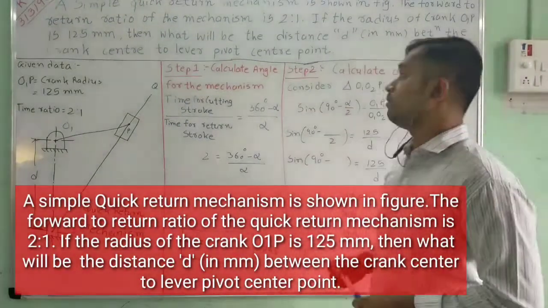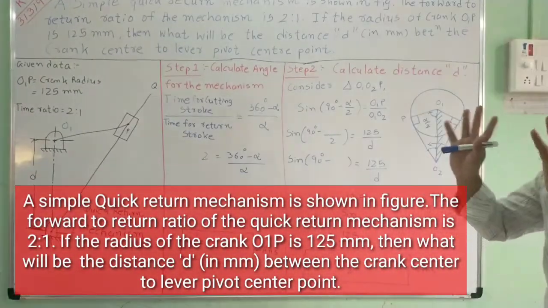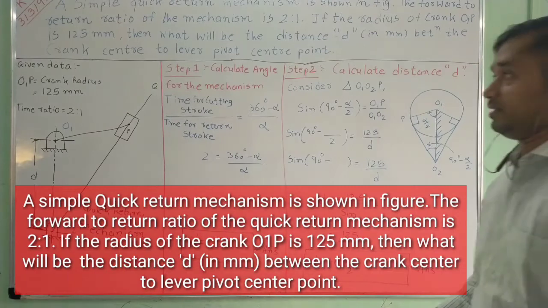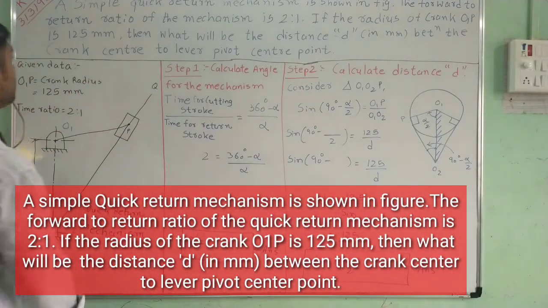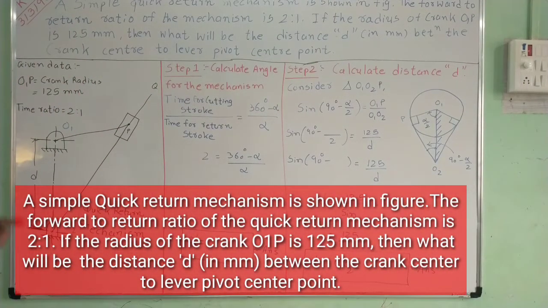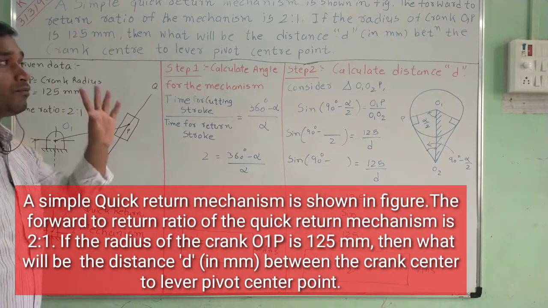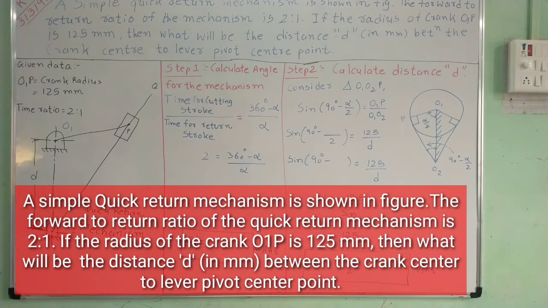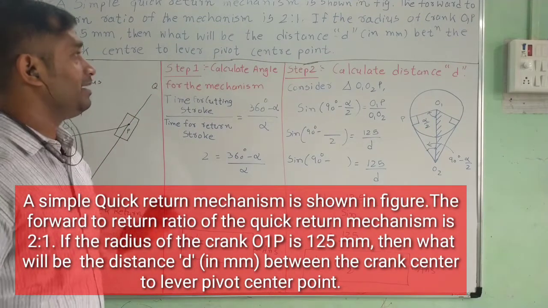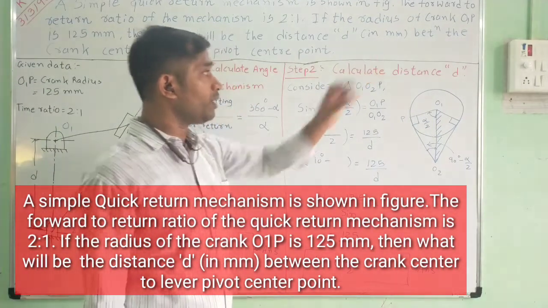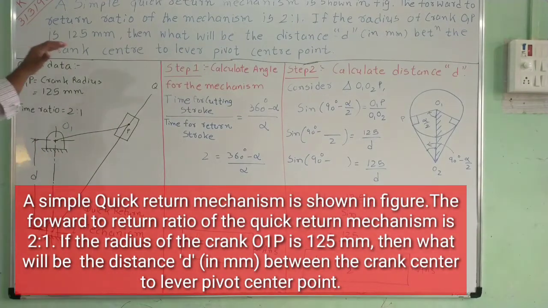Okay. Now the next problem, the second problem. Again there is a simple quick return mechanism. The problem is that a simple quick return mechanism is shown in the figure. The forward to return stroke ratio of the mechanism is 2:1, and the radius of the crank O1P is 125 mm.